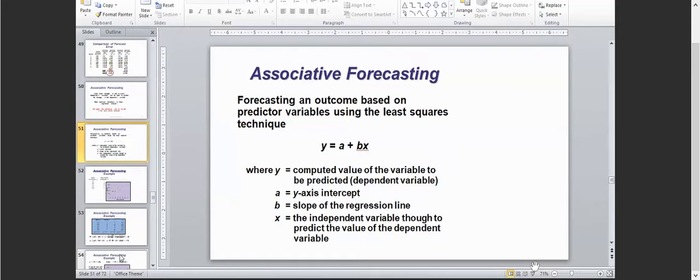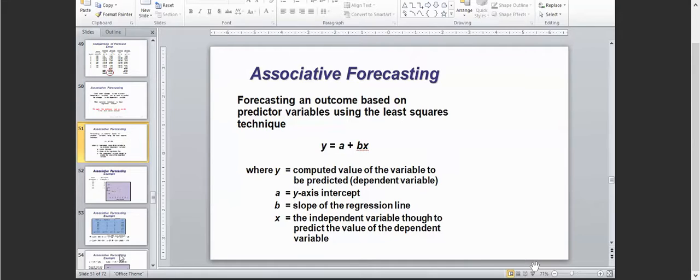Under associative forecasting, we will forecast the outcome based on the predictable variable, using the least square technique. The objective here is to find what is the value of y.